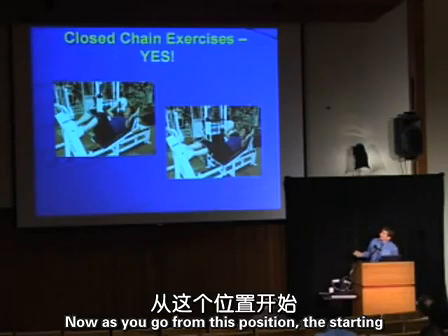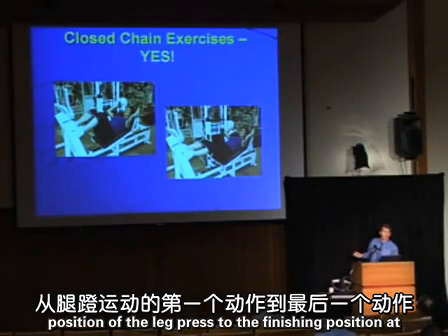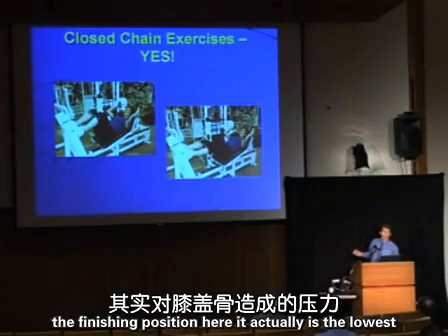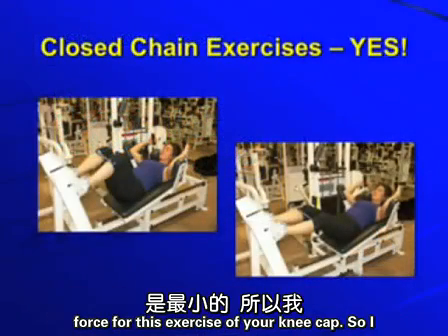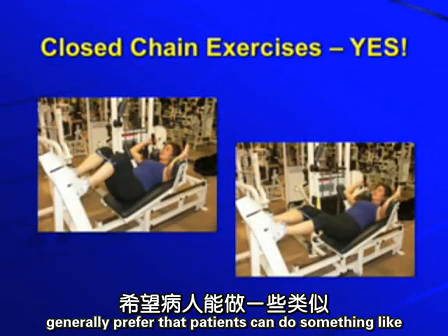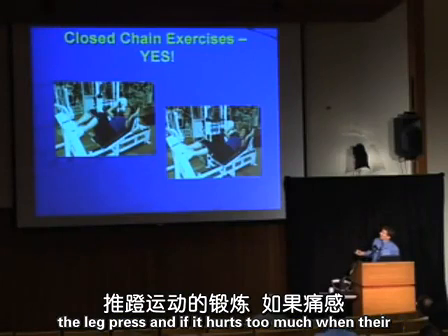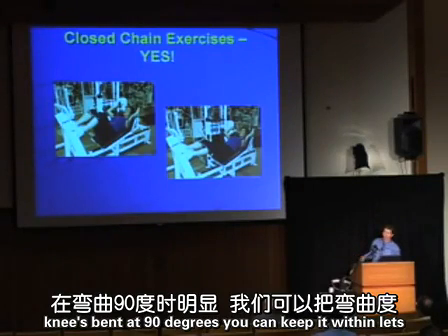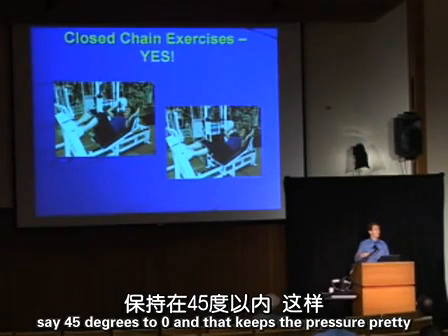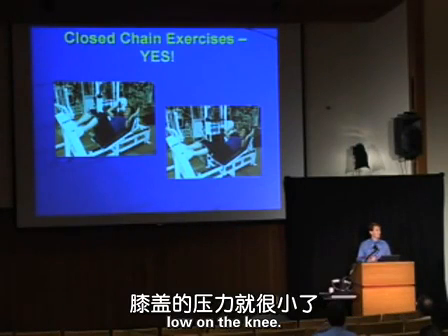Now, as you go from the starting position of the leg press to the finishing position, the finishing position actually is the lowest force for this exercise on your kneecap. So I generally prefer that patients can do something like the leg press. And if it hurts too much when their knee's bent at 90 degrees, you can keep it within, let's say, 45 degrees to zero. And that keeps the pressure pretty low on the knee.